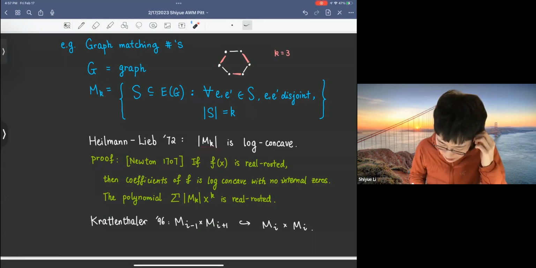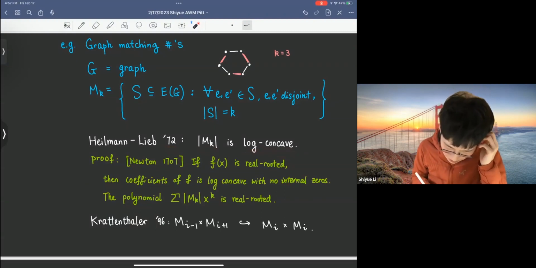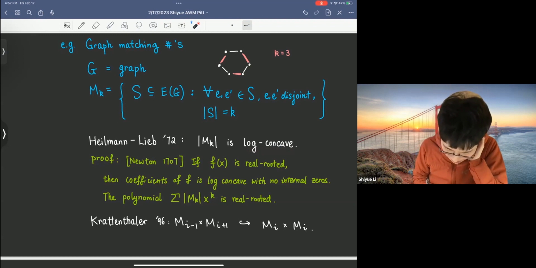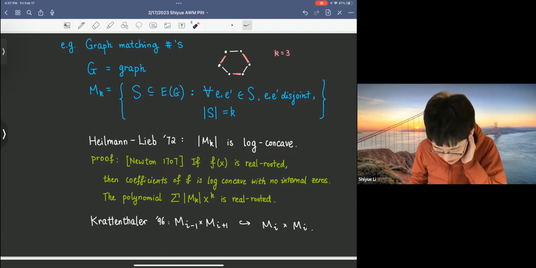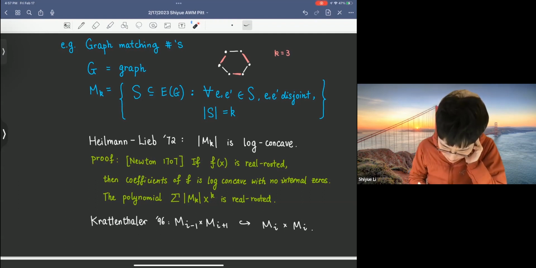this sequence is also log-concave, and it's a famous result from 1972. I can say a little bit about the proof. Newton in 1707 decided to study something called real-rooted polynomials. He proved that if a polynomial is real-rooted, then the coefficients of f are log-concave with no internal zeros.